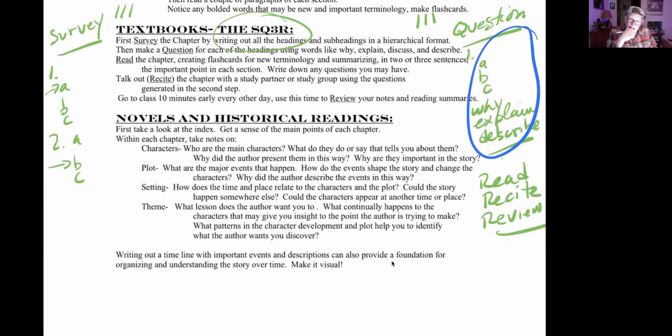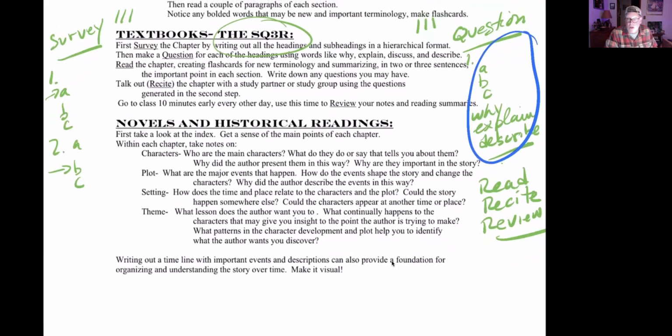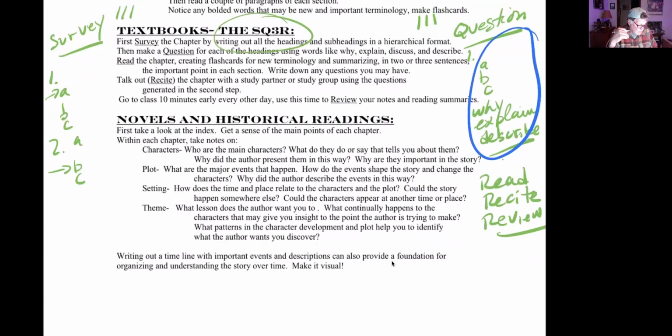The other thing that it does is if you want to recite, in other words, go and have maybe a study group with friends, this is a great structure. A lot of people complain about study groups that there's no structure and we start talking about our weekends and blah, blah, blah. And all of a sudden it's all over, right?